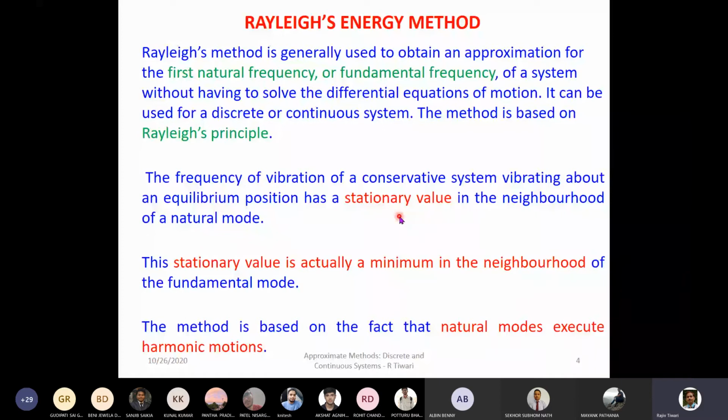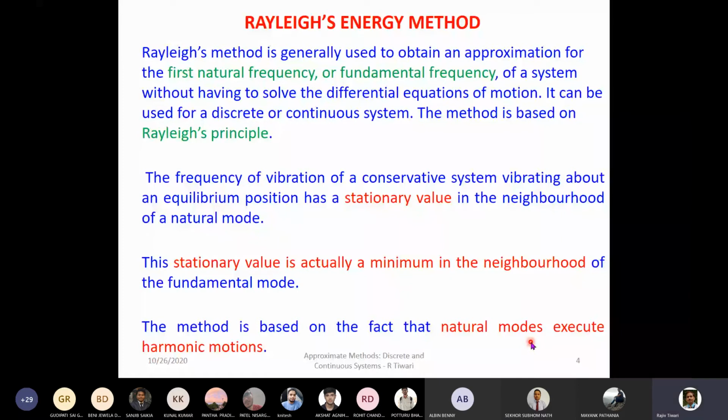Stationary value means it will be either a minimum or a maximum. In the neighborhood of the fundamental mode, the first mode, this will be a minimum. So basically the stationary value itself will be the frequency of oscillation. I think this will be clearer as we go to the expressions.